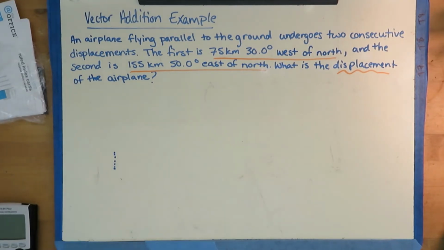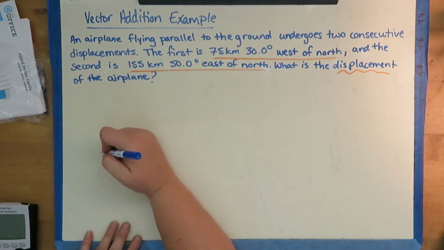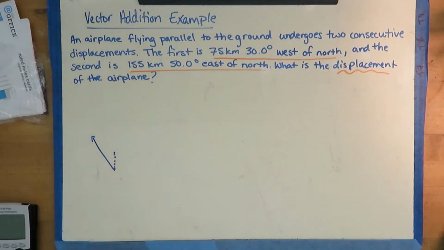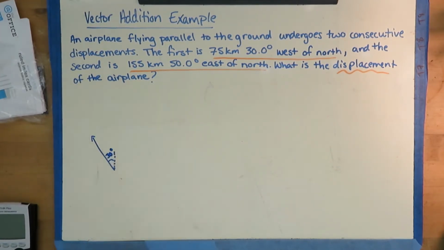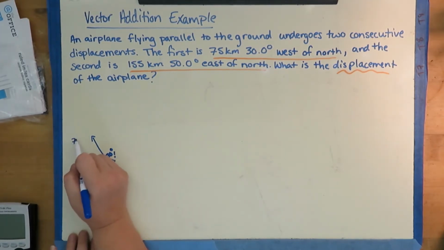That's just my reference. Now I need to end up going 30 degrees west of north. So I'm going to draw a vector that's approximately 30 degrees. Doesn't have to be perfect, but it's about 30 degrees right here. I'm going to label that 30 degrees, and I'm going to label this 75 kilometers.